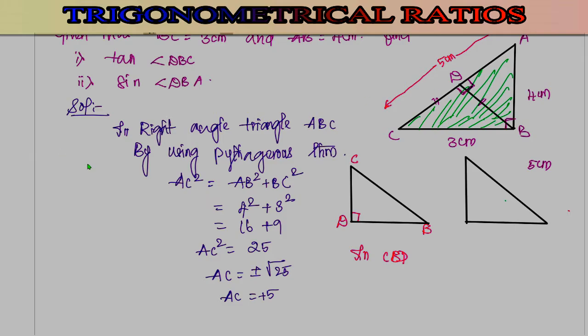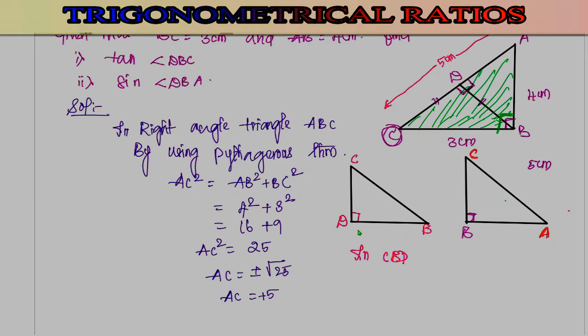In this big triangle, B is the 90 degree. In the small triangle C is common, and in the big triangle also C is common. So I can write C on the top here, and we are left with A.